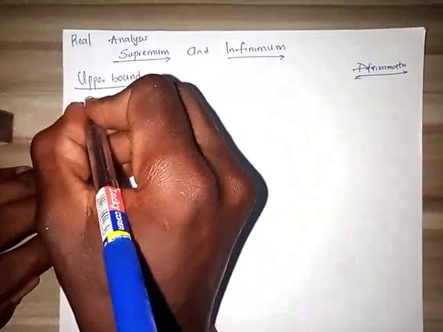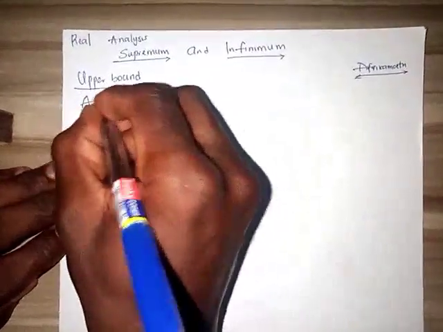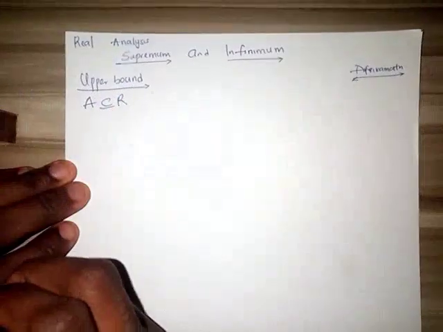Let A be a subset of real numbers. Now, I'm going to use a formal way to make us understand what supremum is. Now, let A be a subset of what? Real numbers.